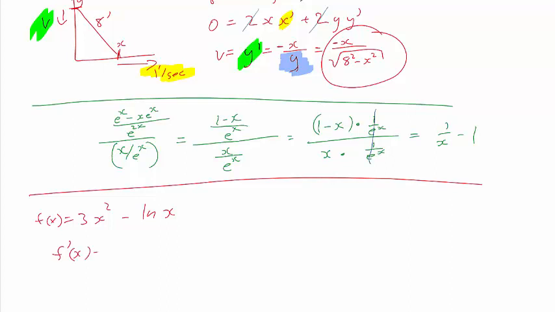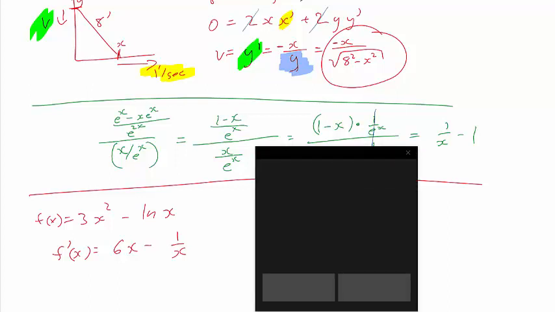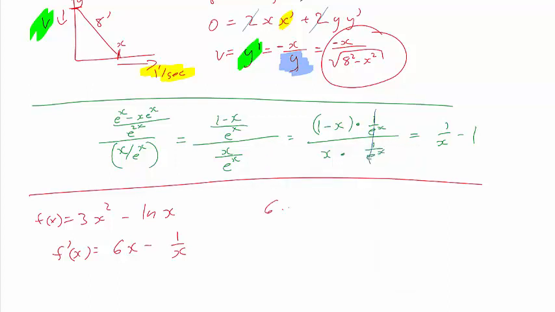We have 6x, that's the first one, minus 1 over x, and now we're going to set it equal to 0. Instead of writing x, we're going to write c. 6c minus 1 over c, where c stands for the critical number, equals 0. You can see already that one critical number is 0, because of this term here. Now let's multiply through by c to try and find the other one. 6c squared minus 1 equals 0.